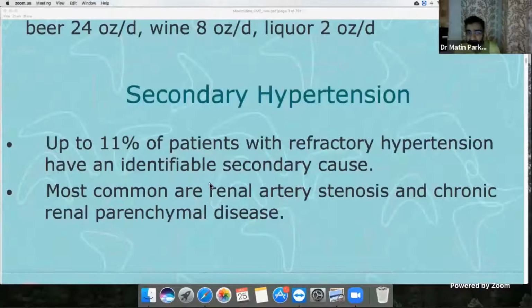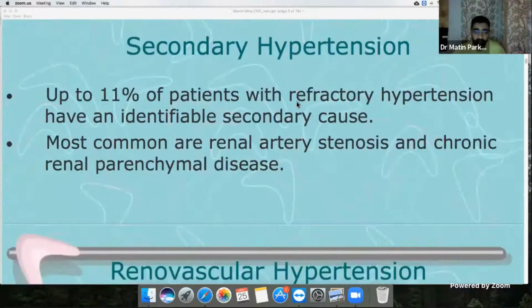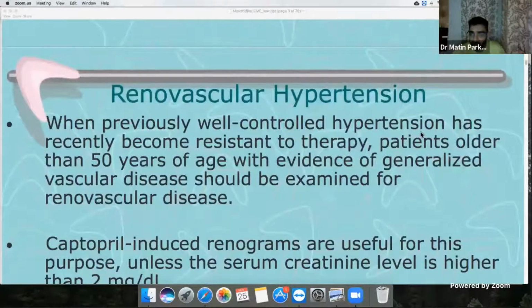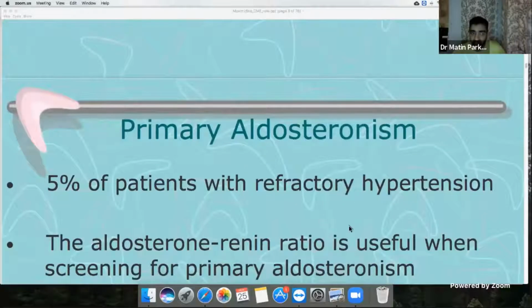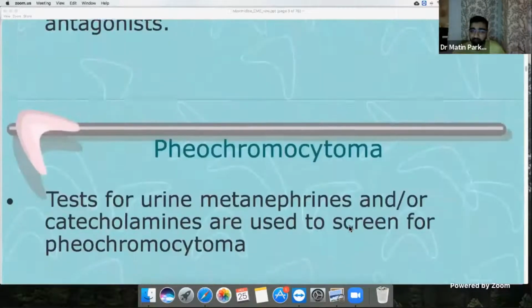Then next is secondary hypertension. Up to 11% of the patients with refractory hypertension have identified secondary causes. So what is secondary hypertension? The blood pressure is higher because of some secondary problem. These can be renovascular hypertension, primary aldosteronism, or pheochromocytoma.